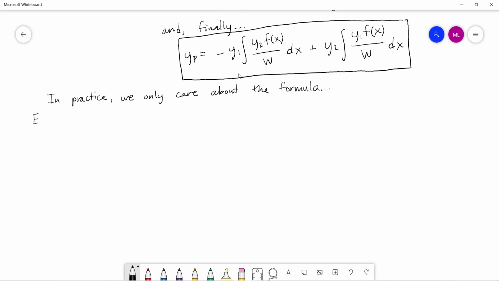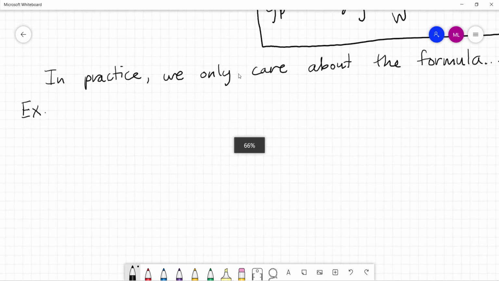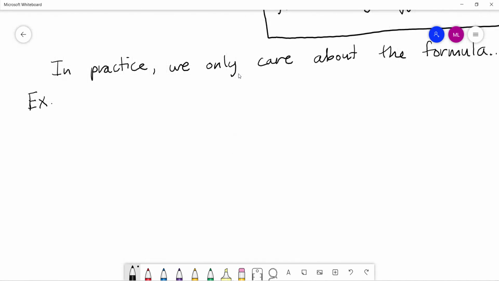So let's do an example and put this to use to see if we can find the particular solution of the following differential equation: y double prime plus y prime minus 2y equals the natural log of x. Why am I doing this? Because the natural log of x was not one of the functions we were able to handle using the method of undetermined coefficients.